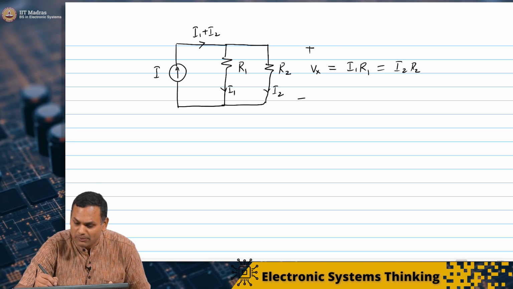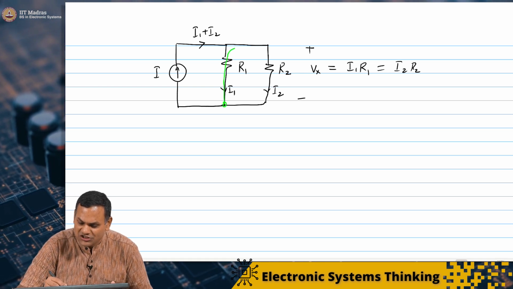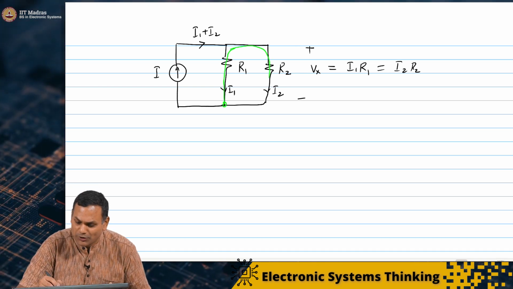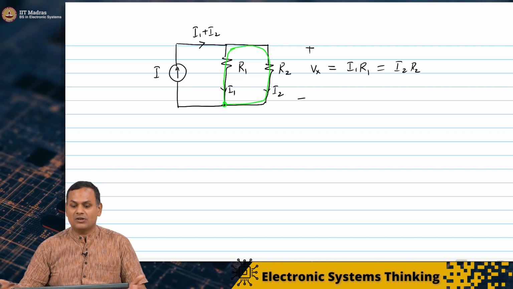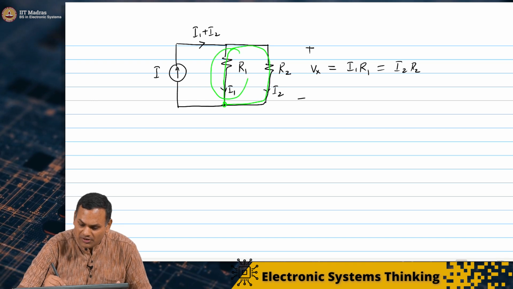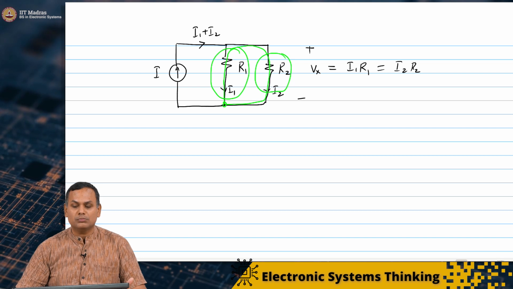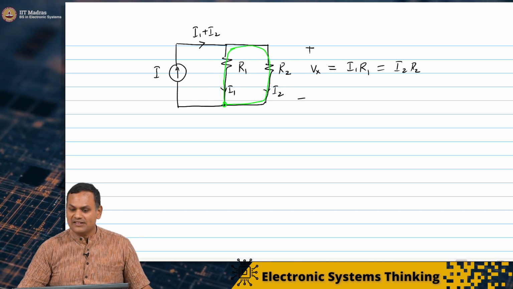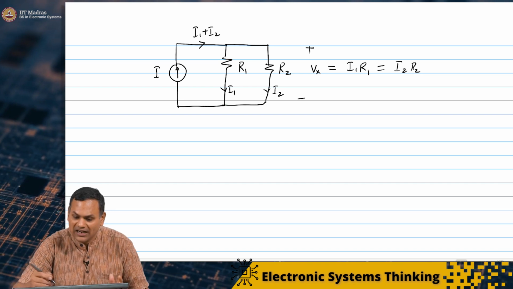Why do I say they are equal by definition? Very simply, if you start from this node, you get a potential drop I1 R1, then you get a potential increase I2 R2, and you come back to the same node. So clearly the potential drop across R1 has to be equal to the potential drop across R2. So in other words, I1 R1 has to be equal to I2 R2.